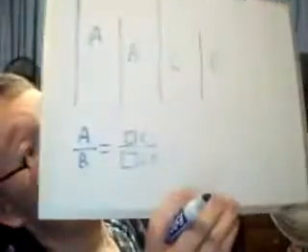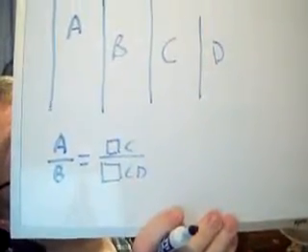Therefore, as A is to B, so is the square on C to the rectangle CD. And that's how that looks. Let's go on.